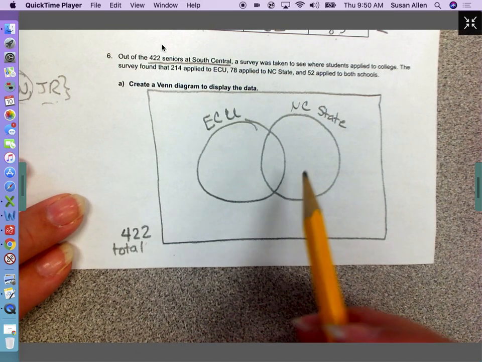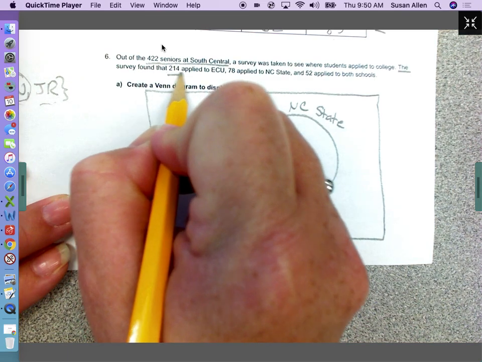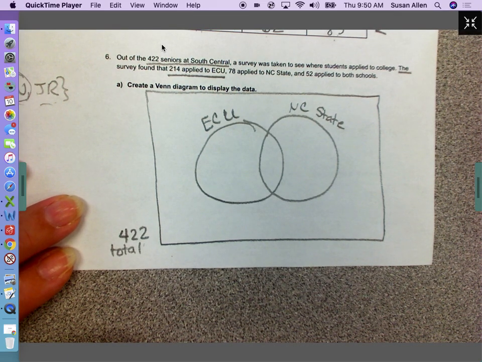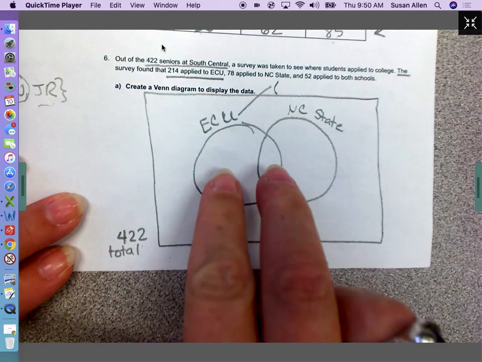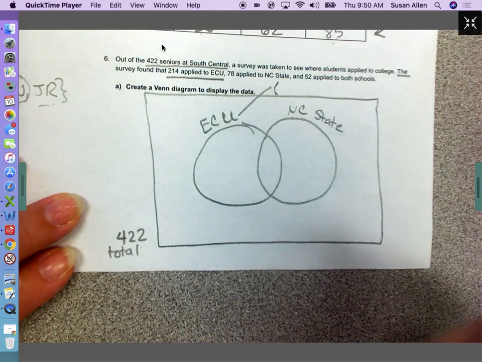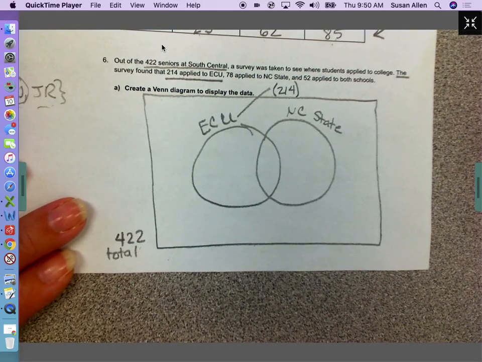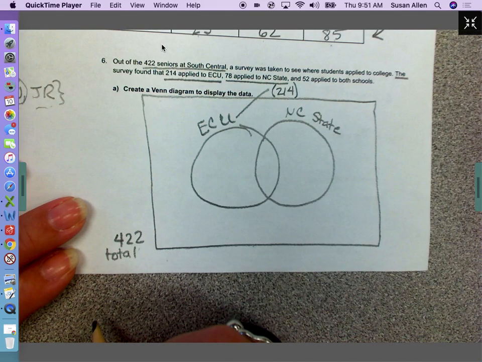Please be very careful that with the next statement you pay close attention. It says that 214 applied to ECU. We are not going to put the number 214 in our diagram. We're simply going to make note that these 2 numbers inside the circle should end up adding up to 214. We're also told that 78 applied to NC State.